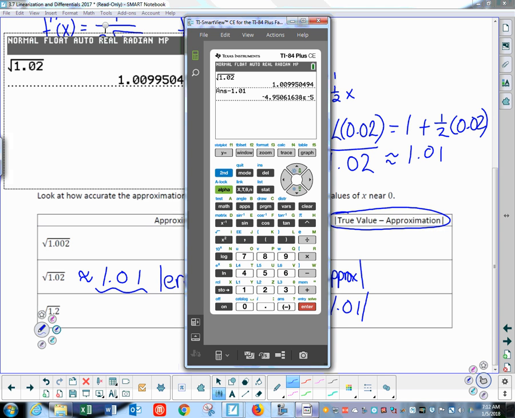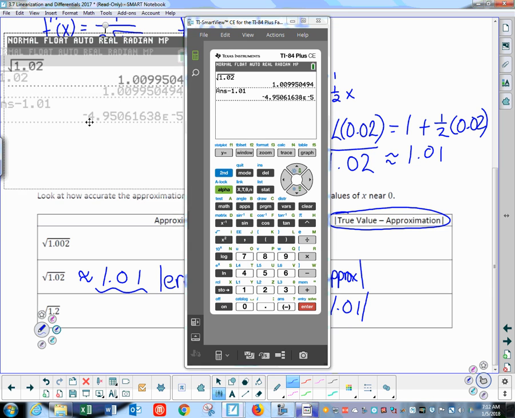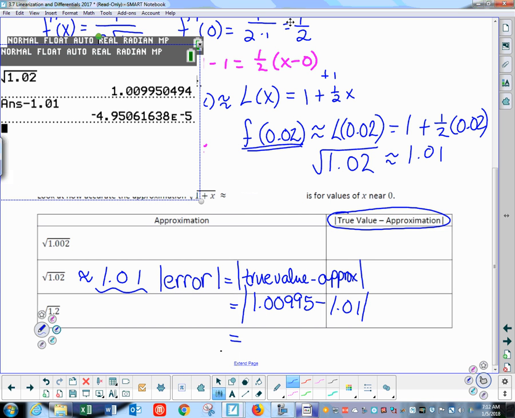And, ooh, very tiny number, huh? And this number would be a negative, but we're absolute valuing, so I'm going to get rid of the negative. 0.1234, and then it goes to 495. So that is the error.